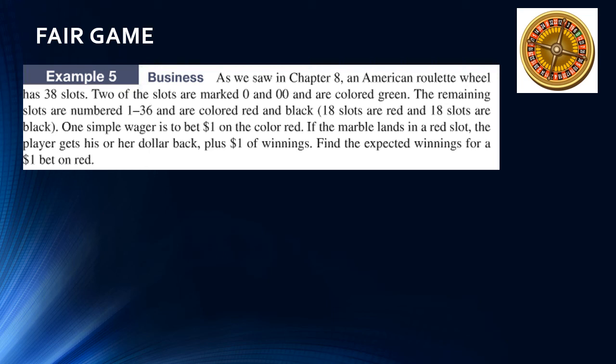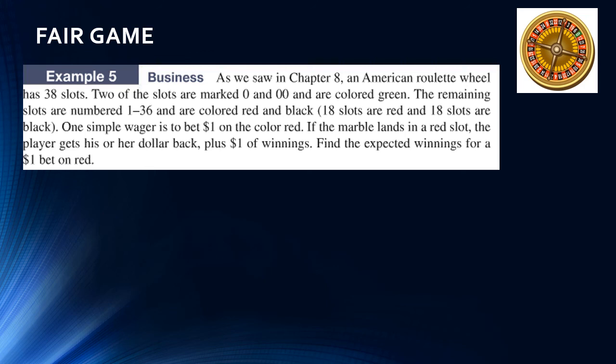Okay. So here we're going to roll. We're going to bet on red, and we're looking for the expected winnings. So if I bet on red and it comes up red, I win $1. If I bet on red and it comes up black or green, then I lose $1.